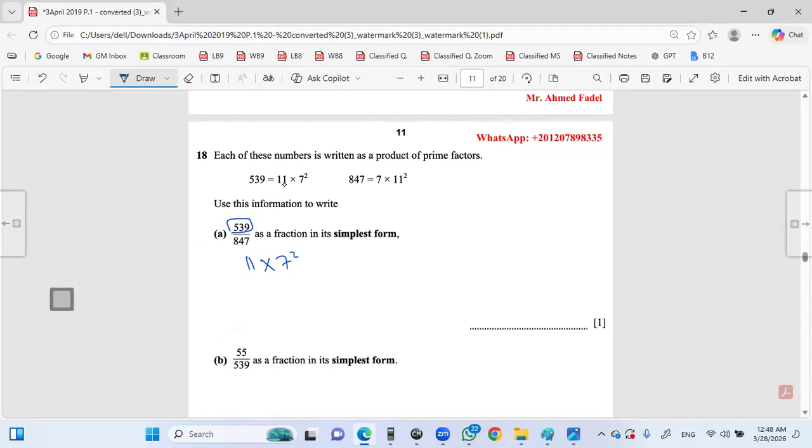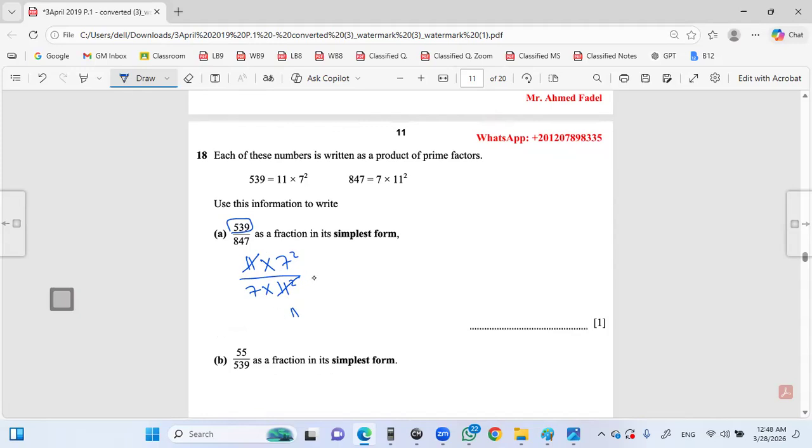So you need to use the fact. They told you that 539 is 11 times 7 to the power of 2, over, and 847 is actually 7 multiplied by 11 to the power of 2. Now you can simplify. Bye-bye to this 11. From here also, bye-bye. I'm going to have only one 11 left from 11 to the power of 2.